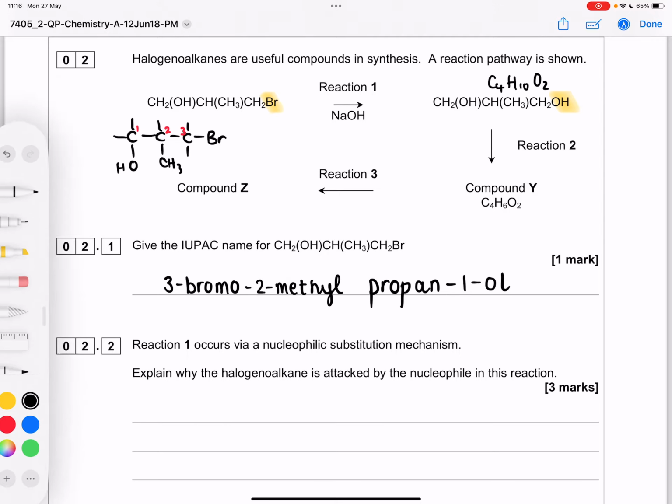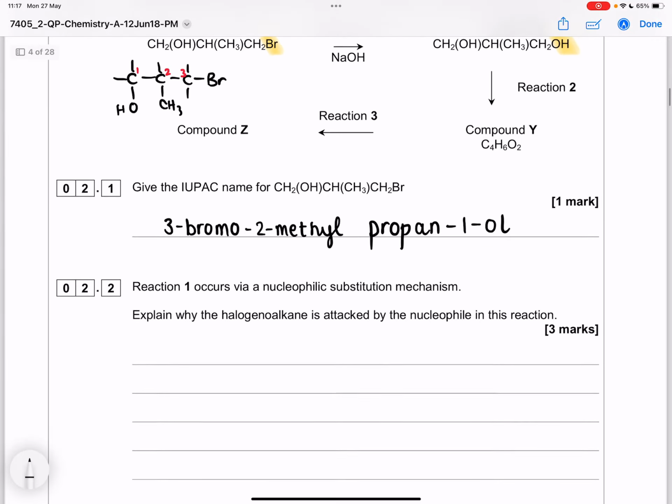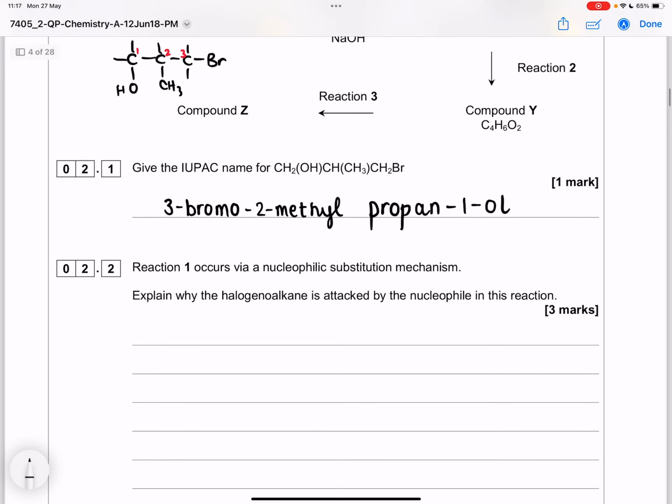Then it says that reaction 1 occurs via nucleophilic substitution. Why are halogenoalkanes attacked by nucleophiles in this way? So the point is that nucleophiles are electron pair donors and that they always attack delta plus carbons.